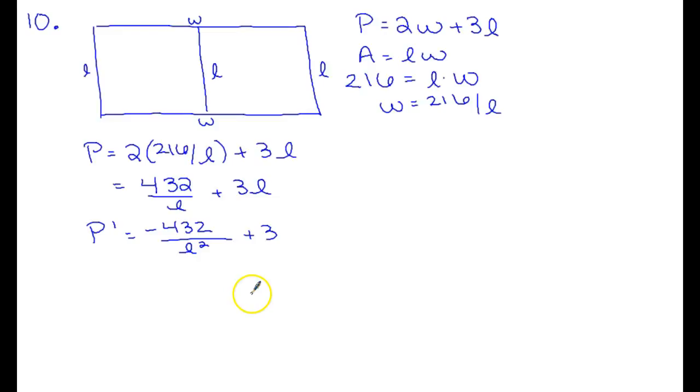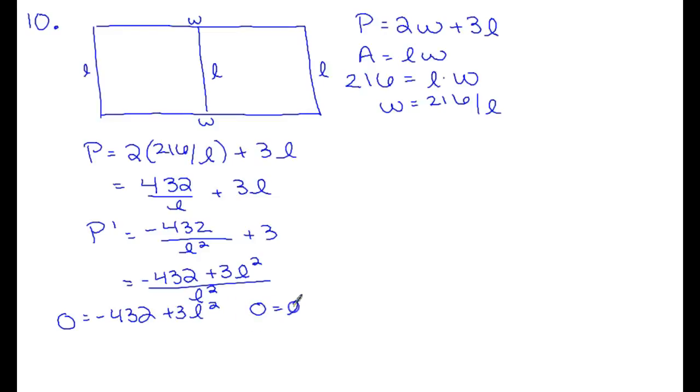I subtract 1 away, so I get L squared, and then 3L becomes 3. Exactly, I say this as an L squared, so I'm going to get myself negative 432 plus 3L squared all over L squared, so that I can combine them into one fraction. And then I say my numerator equals 0. And my denominator equals 0.